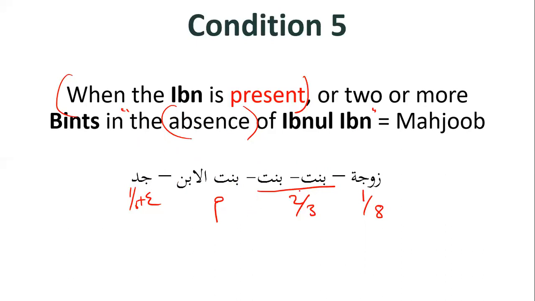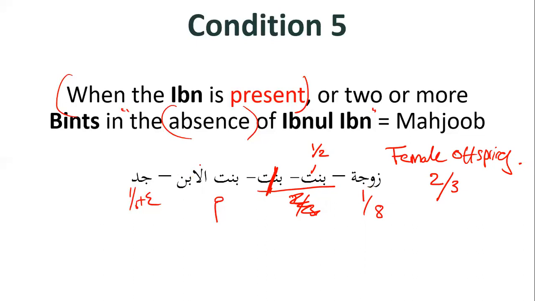Some people may find it easier to think of it like this. All the female offspring can have between them a maximum of 2/3. And so we said that if there was one bint present, this one bint would have got a half.